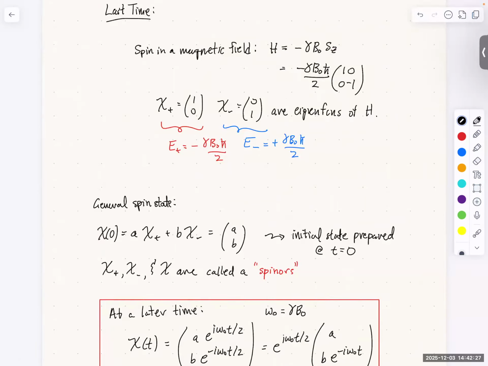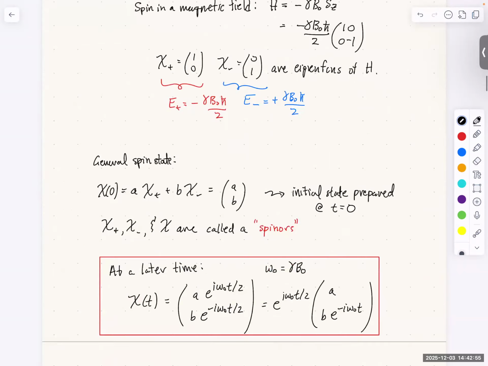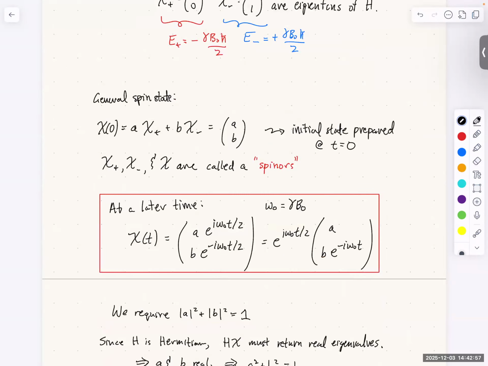So we start the system with the same coefficients A and B for every single spin in the system. I'm not going to talk about the details, but we can do that with certain RF pulses, where the pulses are tuned to the frequency difference between the spin up and spin down states. And so if you can prepare all of your spins in the same state, then the time evolution is the same for all of them.